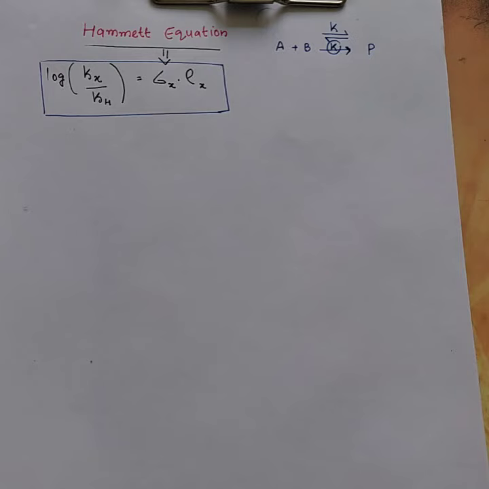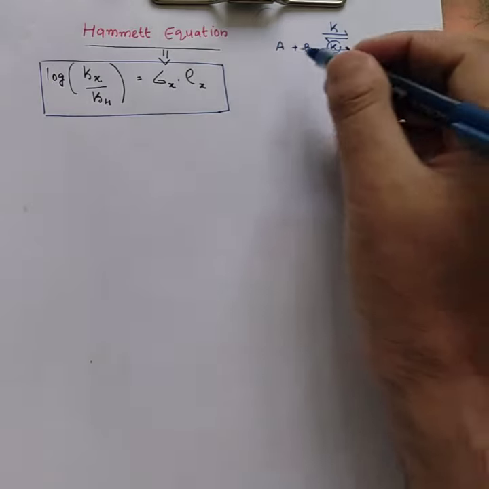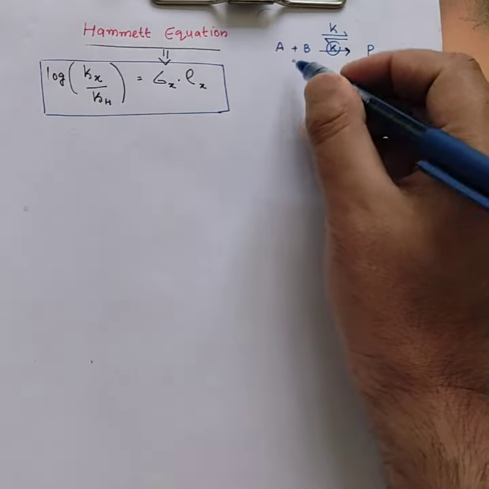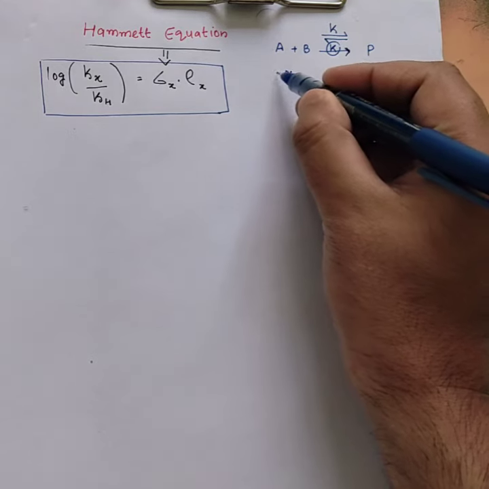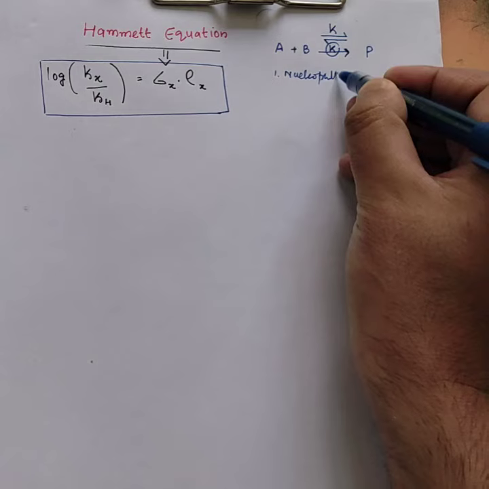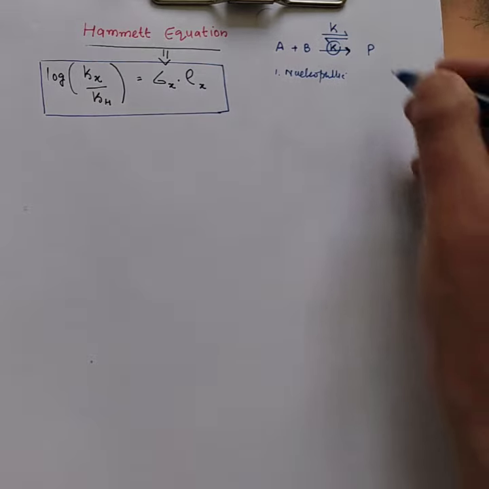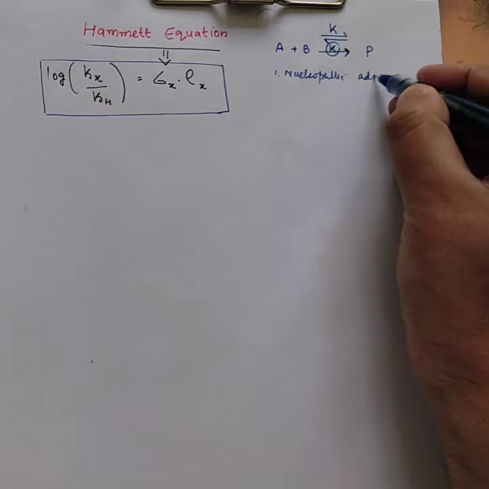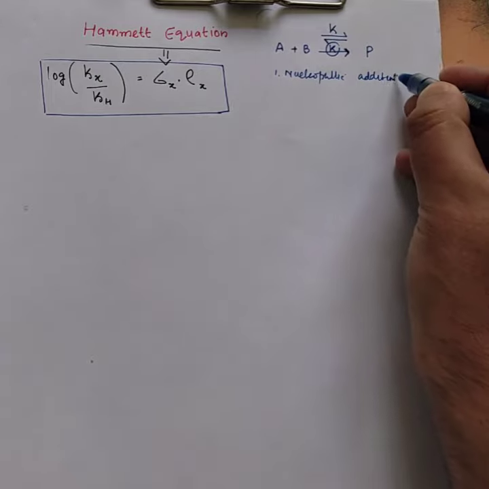Now there are different types of chemical reactions in organic chemistry. For example, we have let's say nucleophilic addition. मैं just few reactions को यहाँ पे लिख लेता हूँ. Nucleophilic addition, so that we will try to understand what this Hammett equation is.